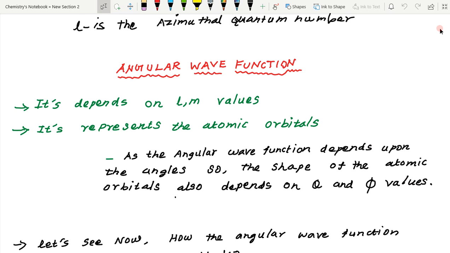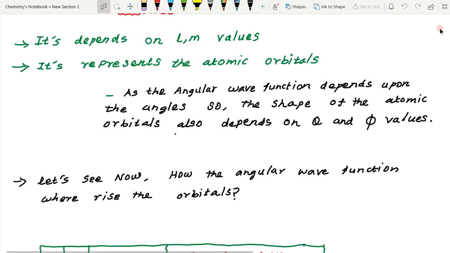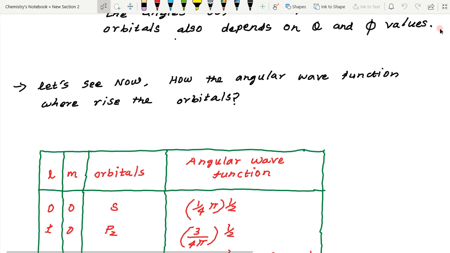Here l is the azimuthal quantum number, m is the magnetic quantum number. As the angular wave function depends upon the angles, the shape of the atomic orbitals also depends on theta and phi values. Let's see now how the angular wave function gives rise to the orbitals. See the diagram.